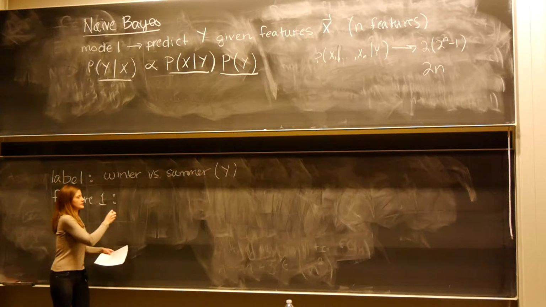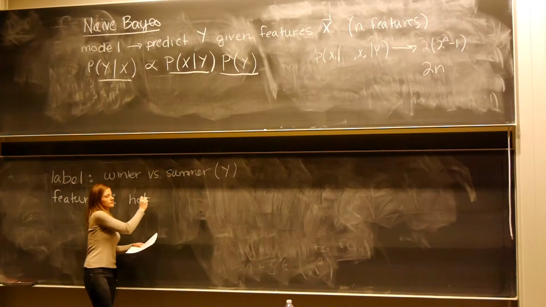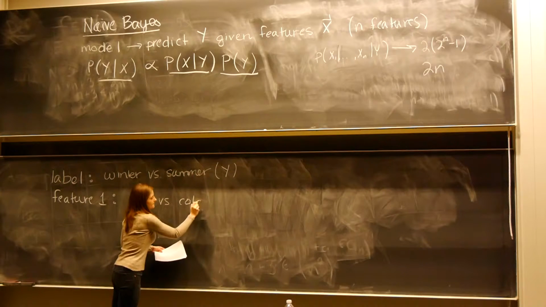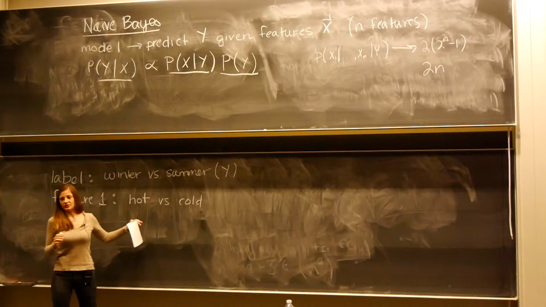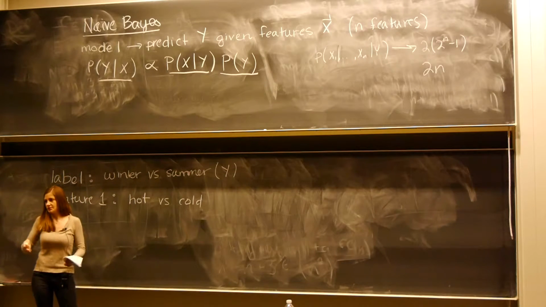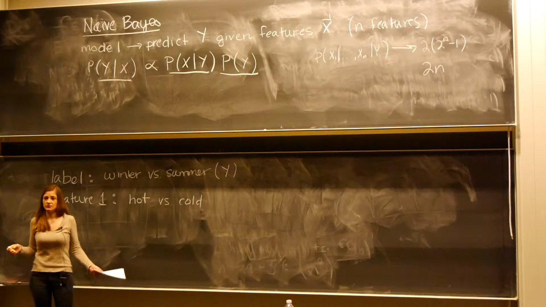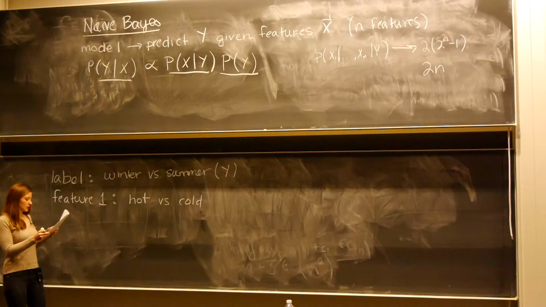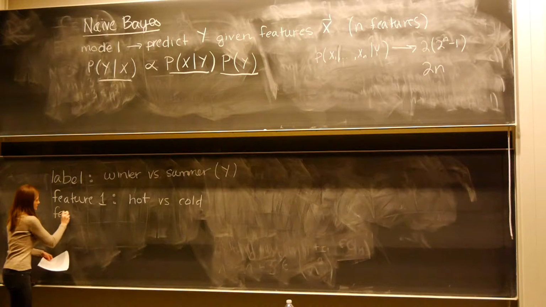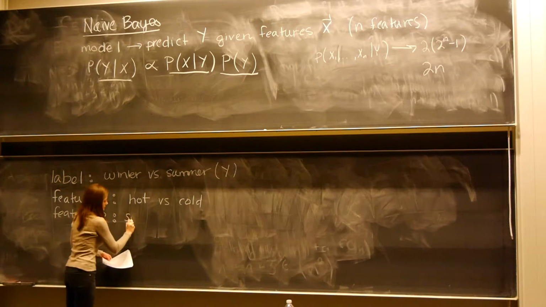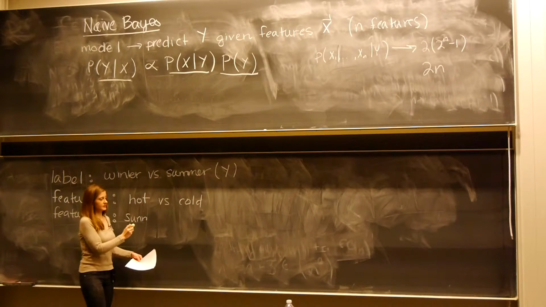So feature 1 is the temperature outside, but we'll discretize that into hot and cold. So if it's above 60 degrees, we'll say it's hot, and if it's below 60 degrees, we'll say it's cold. Our second feature, let's say, is whether or not it's sunny outside.